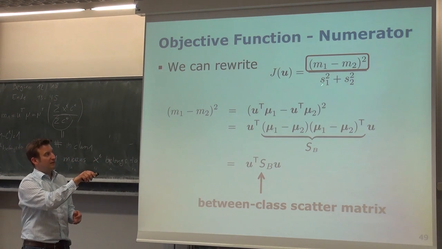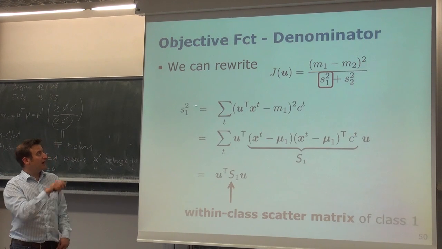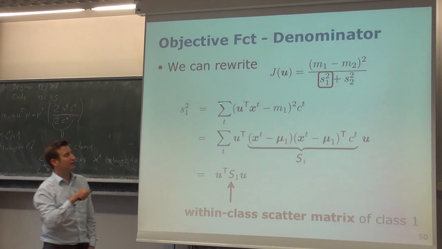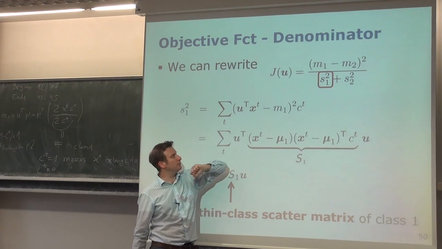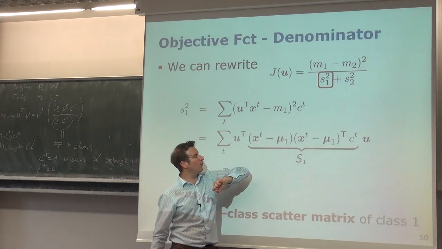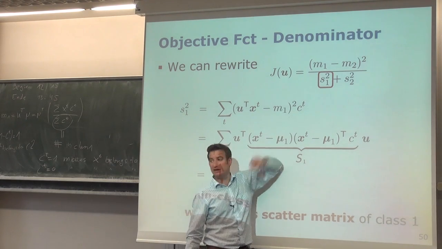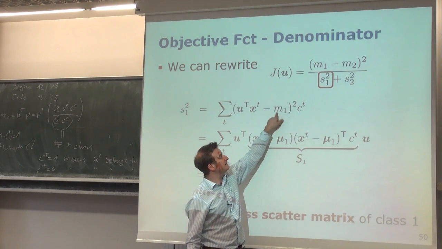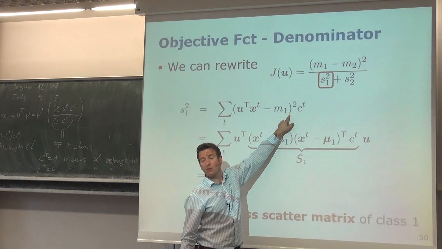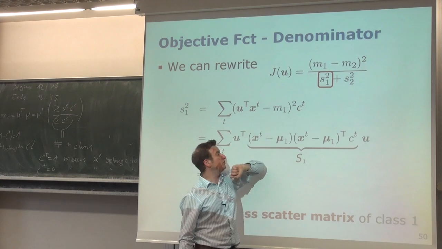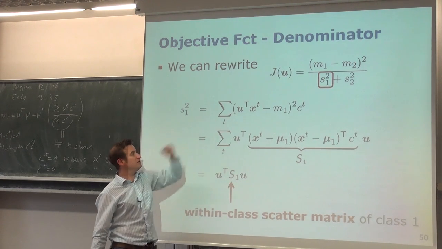Now I can do the same thing for S1 and S2. Say, okay, S1 squared is the sum over all elements of my original data points projected on u minus m1, with my indicator variable. You can say this m1 is again nothing else than the mean of class number 1 projected onto u transposed. So I can move u transposed out.